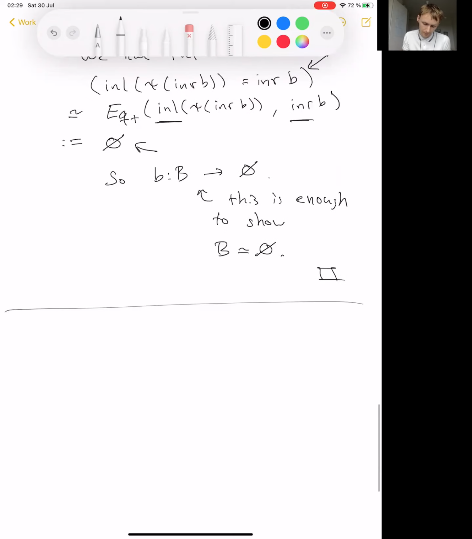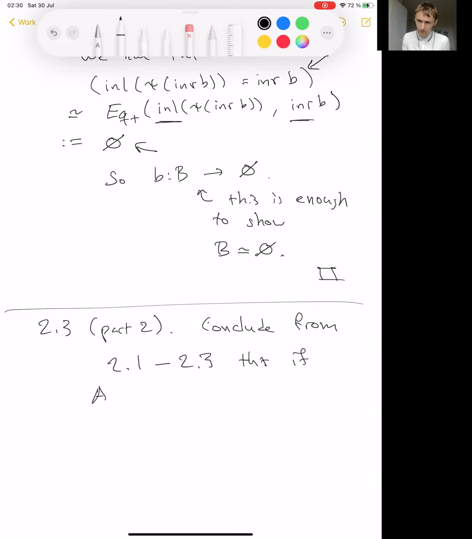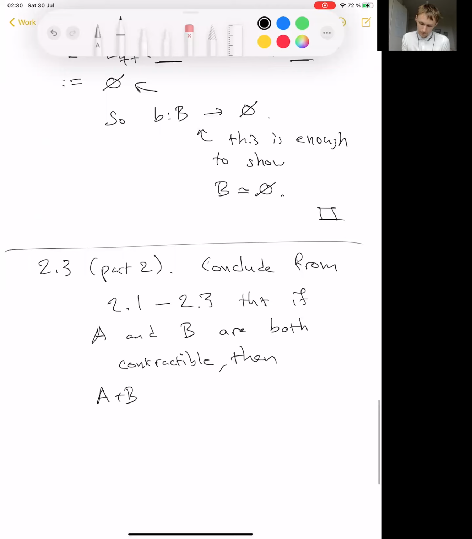So problem 2.3 part 2. Conclude from problems 2.1 to 2.3 that if A and B are both contractible, then A plus B is not contractible.